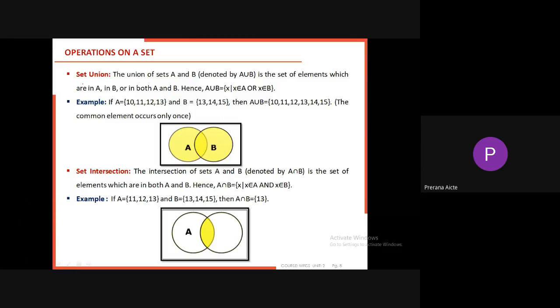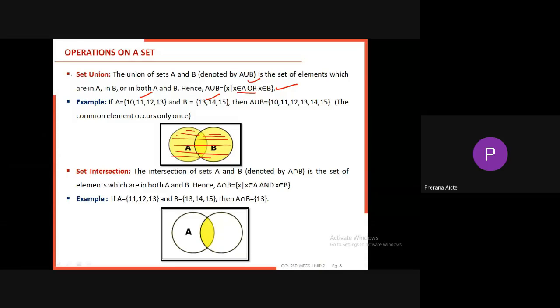Set union operation: the union of set A and set B is the set of elements which are in set A as well as in set B. It can be defined symbolically like this: A union B equals {x such that x belongs to A or x belongs to B}. That means the element will be considered from set A or from set B. This is the area representing A union B. In the form of a Venn diagram, we can easily represent and understand that.